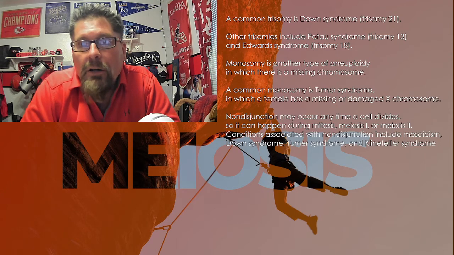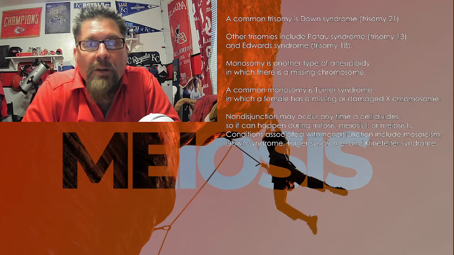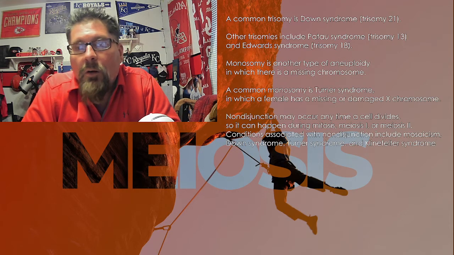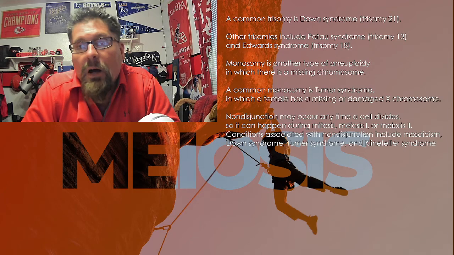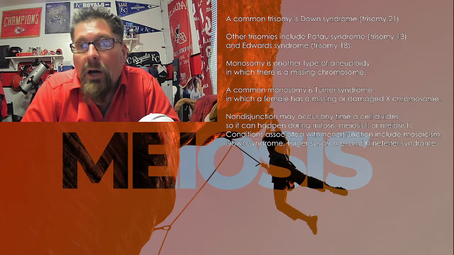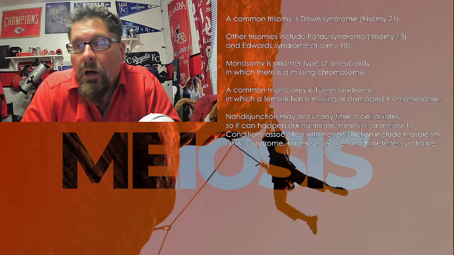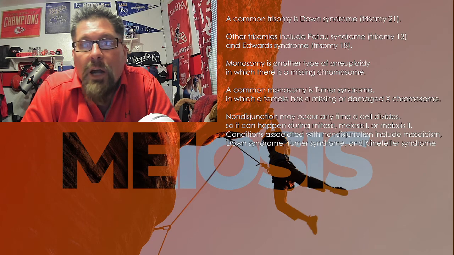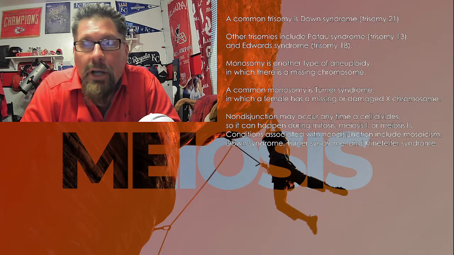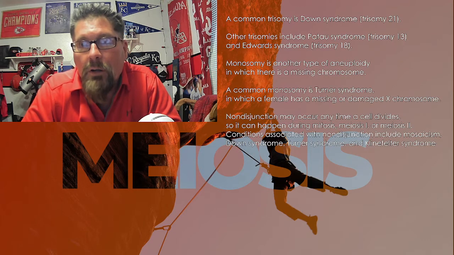This slide here is just a reference point to some of the conditions. I mentioned trisomy 21, which can cause Down syndrome, but there are others. You could have Patau syndrome, if I'm saying that right, Edwards syndrome, Turner syndrome, and these are all from various chromosomes not separating properly, whether it's number 3 or 13, 18, and I mentioned 21.